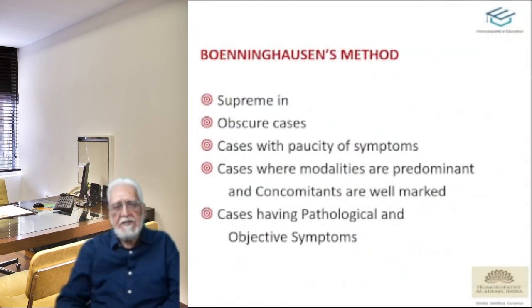Boenninghausen's methods are supreme in obscure cases, cases with paucity of symptoms, cases where modalities are predominant and concomitants are well marked, and also cases having pathological and objective symptoms.